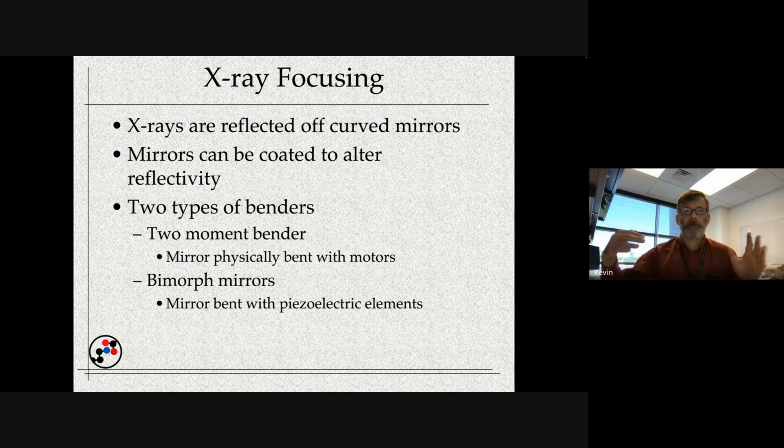The other method is what they call bimorph mirrors, where the mirror has piezoelectric elements embedded into it, and as you apply force to the piezoelectric elements, that applies a bend to the mirror.